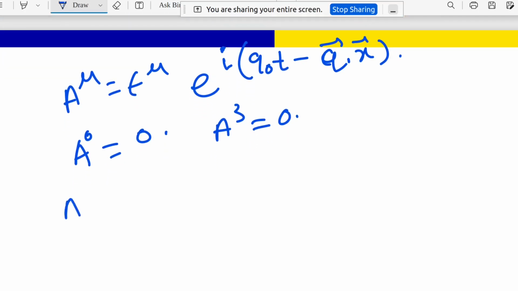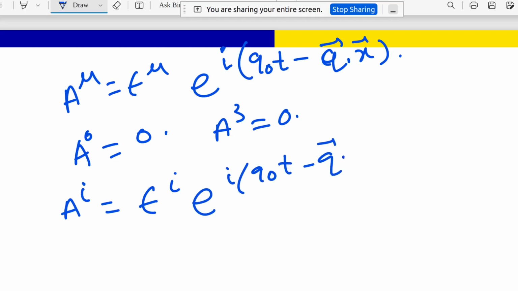In general, if I write A_i, then A_i will be epsilon_i e to the power i (q0 t minus q vector dot x vector). Don't confuse this i and this i. This i is for 1, 2, 3 and this i is the complex number, root over minus 1.